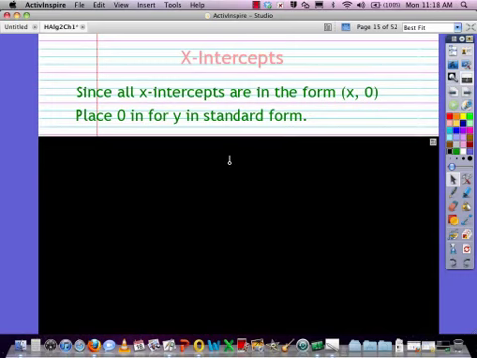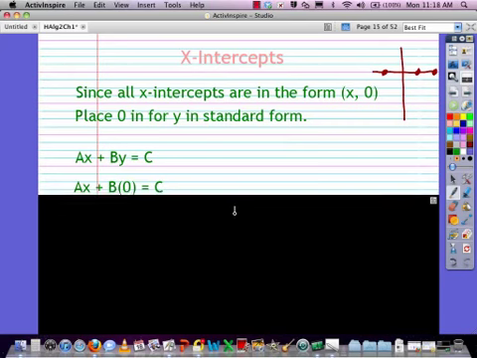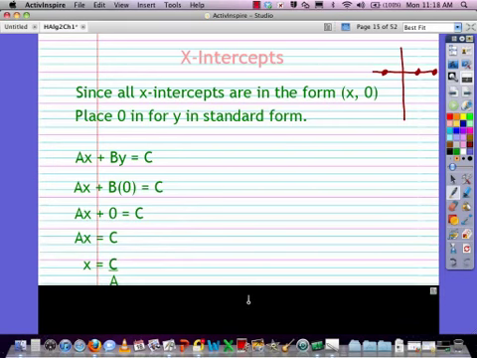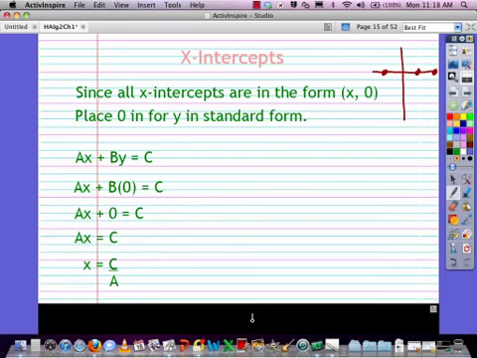Since all x-intercepts are in the form (x, 0), any of these points on the x-axis are in the form x, 0. So we'll place a 0 in for y in our standard form equation, and we will solve it. In other words, x equals c over a, which is our third and final shortcut.